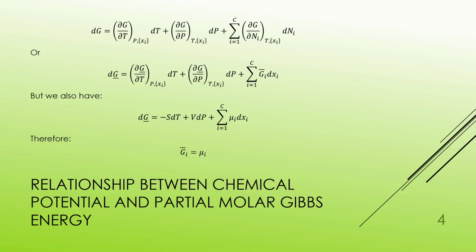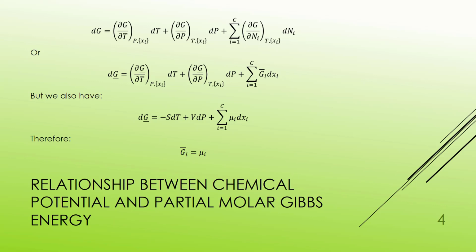If we then look at this on a specific Gibbs energy basis, dividing through by the number of moles, we get a similar expression, except that the dG/dn_i becomes the partial molar Gibbs energy, and then the dn_i becomes dx_i.